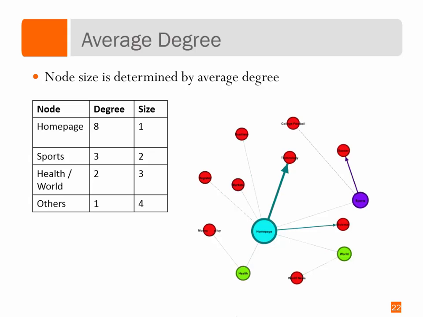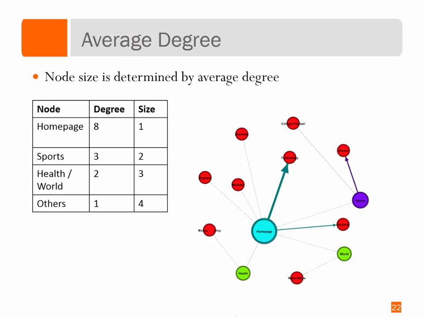Let's take a look at the first entry in our table on the left there, called homepage. The homepage has basically 8 degrees. So we could count those up. Starting on the home page, moving counterclockwise to the left, we see there's a relationship to business, then marketing, etc., moving around counterclockwise.